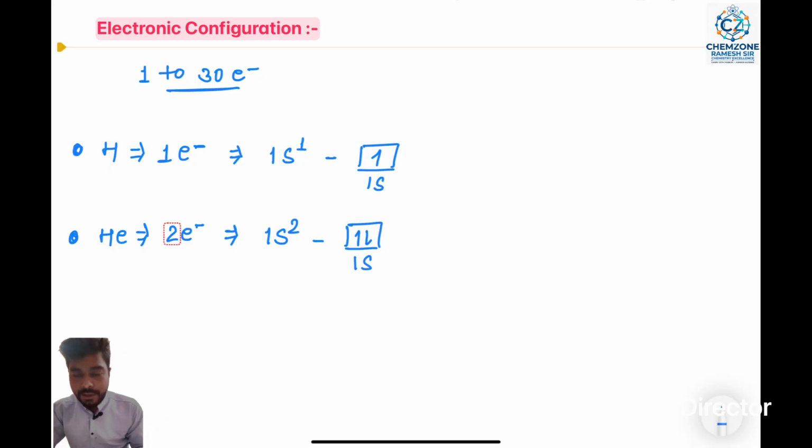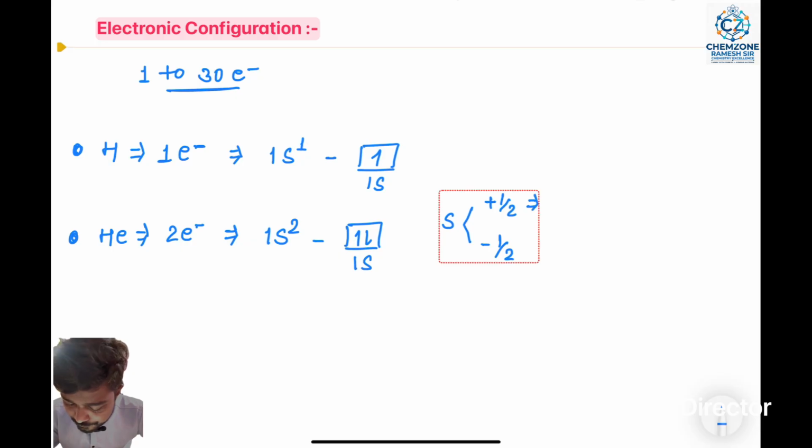Okay, that is the identification of the Pauli exclusion principle, because there are 2 electrons in the s orbital. The first one is clockwise and the second one is anti-clockwise. That is the identification of the spin quantum number. The first one is plus half and the second one is minus half. Plus half means the electron is clockwise, and minus half means anti-clockwise.